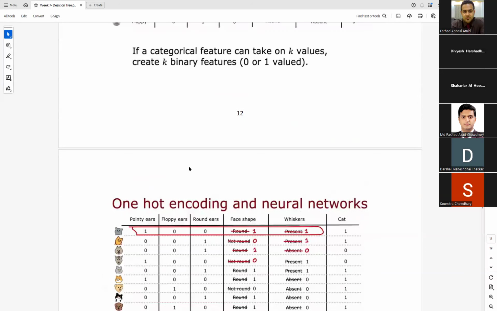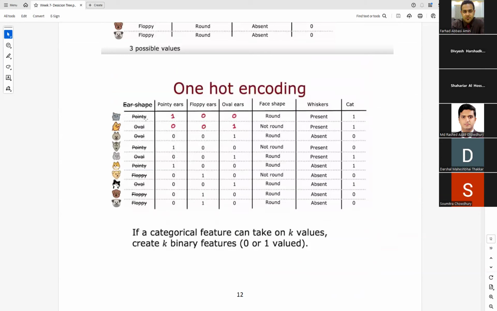Why one hot encoding? For example, here we said that if it's pointy, we change it to these 3 columns. So when it is pointy, this column is 1, and we allocate 0 to this one and this one. It means that one of these 3 new columns is more important compared to the other two. For the first training example, this column, which has value 1, is more important compared to these columns, which have the value of 0.